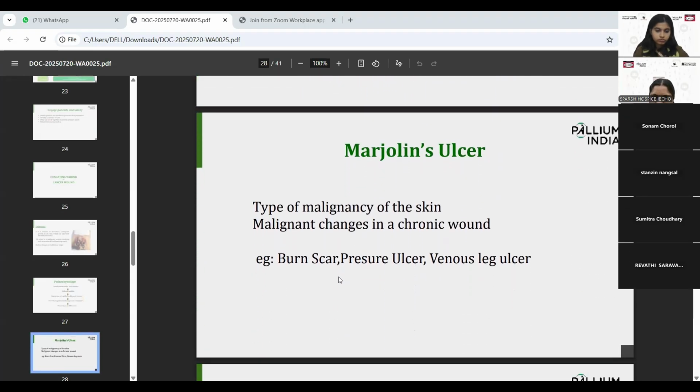So here, the fungating wound creates an environment ripe for bacterial colonization. Okay, I have not mentioned that in the PPT, but you have to note that it is creating an environment which is suitable for malignant growth through the skin, like how a tree gives out roots.